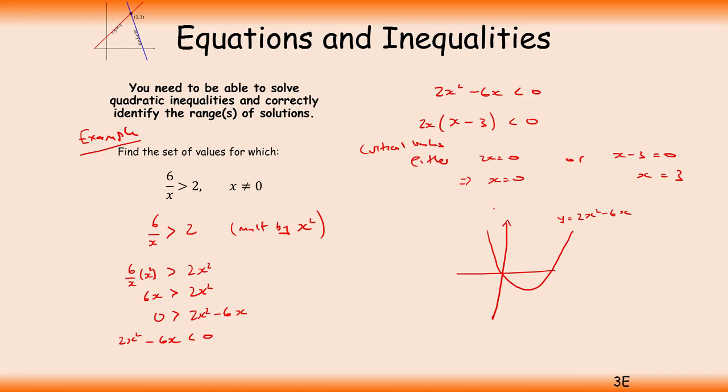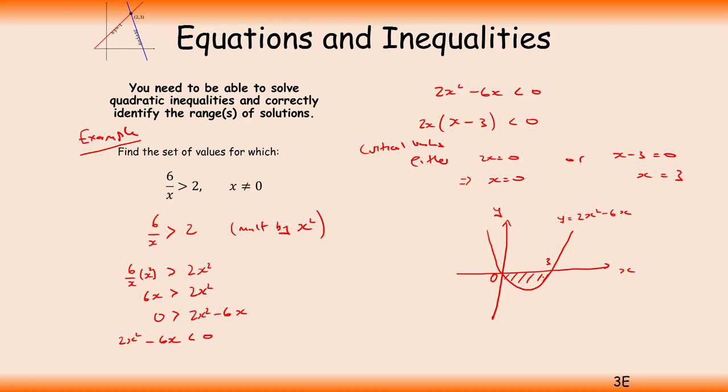That's y. It's not the best graph, but it'll do. It's only a sketch. So we're looking for the part of this curve that lies below 0, and that's this region here. That's our 0 and that's our 3.